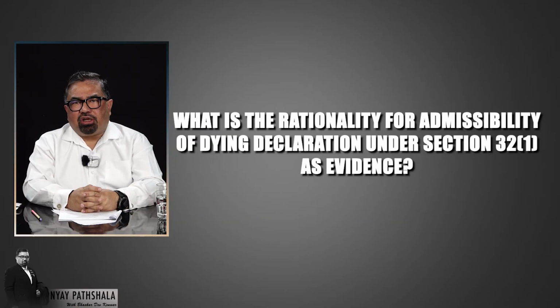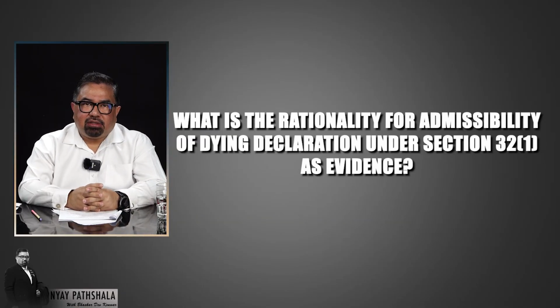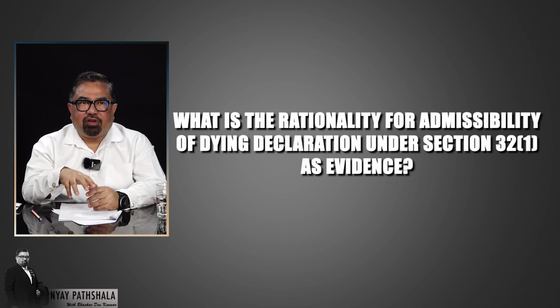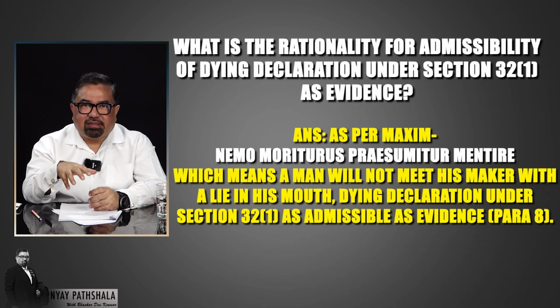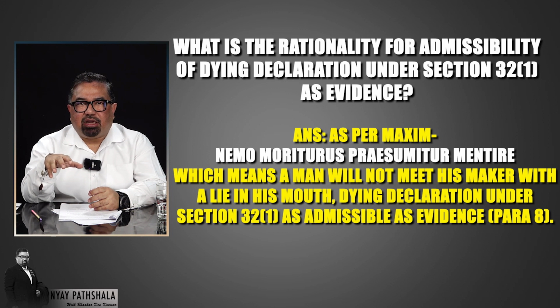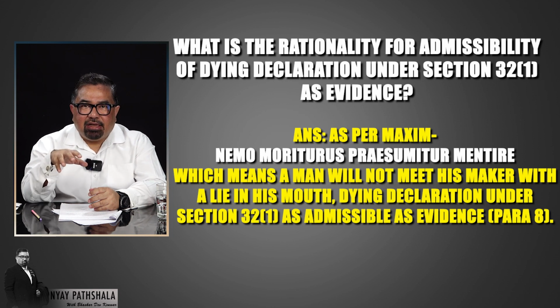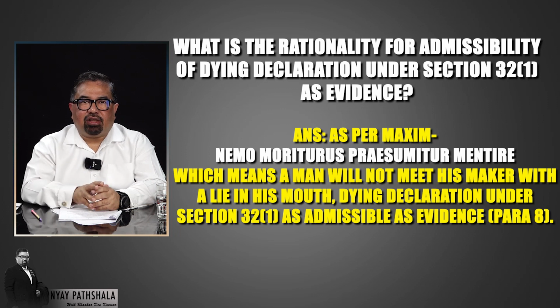The next question that comes up to my mind is what is the rationale for admissibility of dying declaration under section 32(1) as evidence? As per the maxim nemo moritatis presumptoria menteria, which means a man will not meet his maker with a lie in his mouth, dying declaration under section 32 is admissible as evidence.